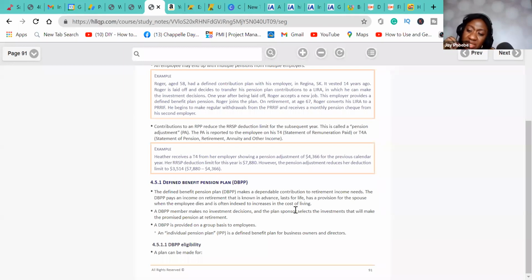Most of the organizations that provide defined benefits are government organizations, like teachers and all that stuff. This is a benefit that is most beneficial to employees and most detrimental to the employer, in the sense that a defined benefit promises a specific amount to the employees upon retirement.